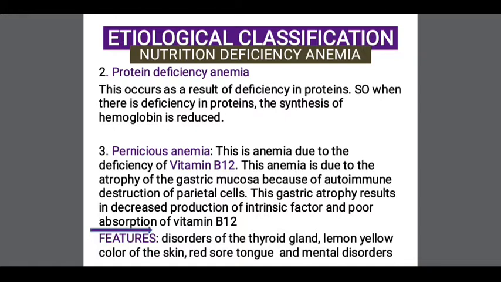Addison disease also affects the thyroid gland, so that's why you see it here in one of the features as disorders of the thyroid gland. Pernicious anemia can also be called Addison's anemia, so they are almost the same, but we encourage practitioners not to confuse the two, because they are very distinct diseases.